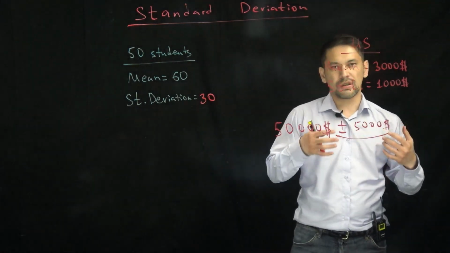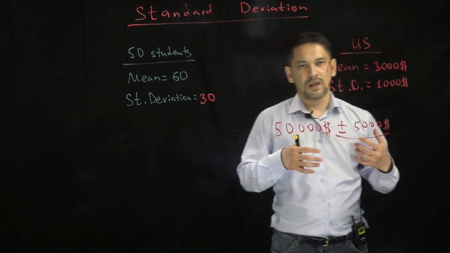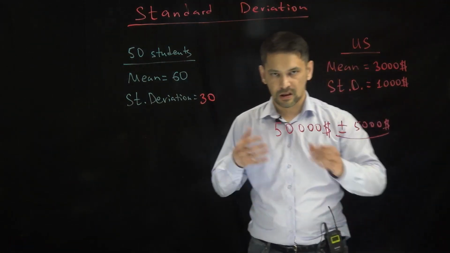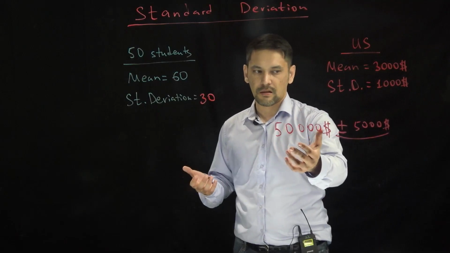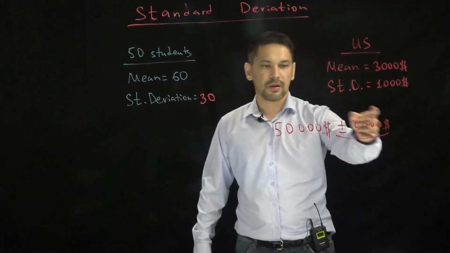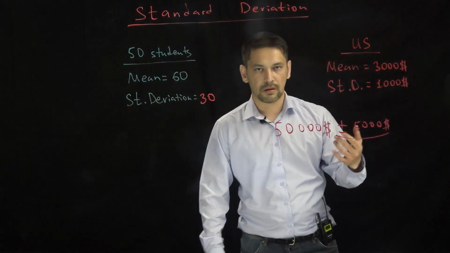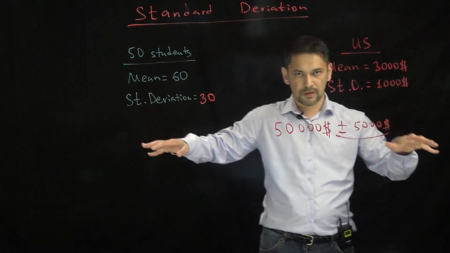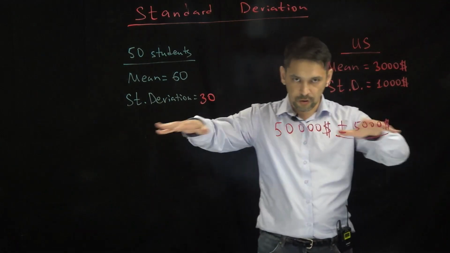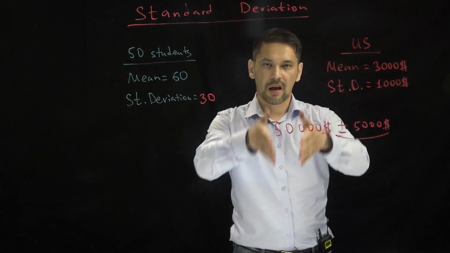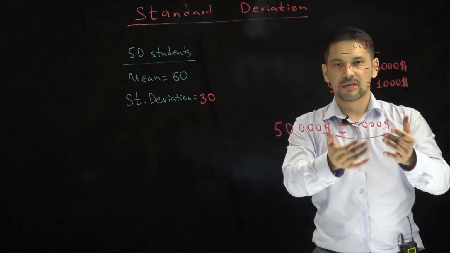We usually use a standard deviation when we are not sure about something. So we're not sure if the apartment is going to be exactly $50,000, but it's going to be around $50,000 plus or minus $5,000. So by plus or minus $5,000, we mean a standard deviation. That means the prices for all the one-bedroom apartments in Almaty differ from the average price by $5,000 on average.